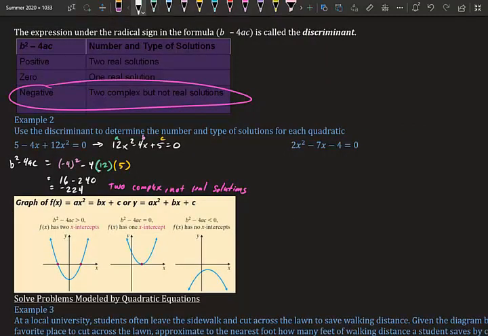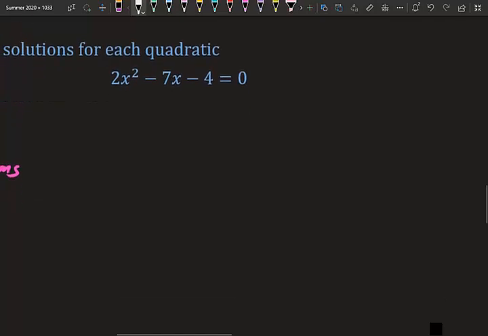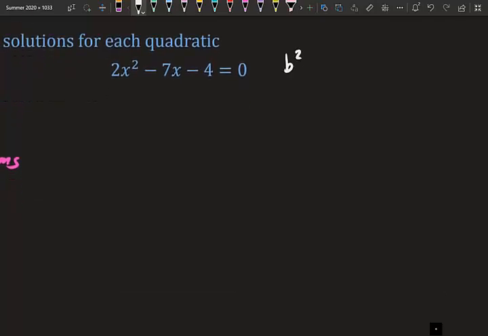Okay, it's already in standard form, so all we need to do is just do the discriminant. Our discriminant is b squared minus 4ac. So we have our a, b, and c. So b squared, that's negative 7 squared, minus 4 times a, which is 2, times c, which is negative 4.